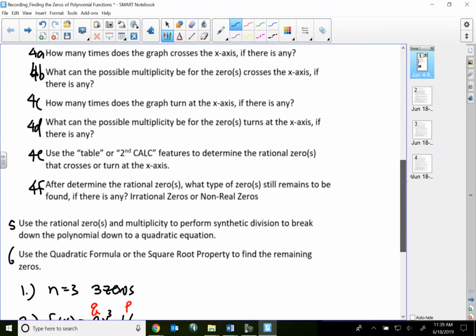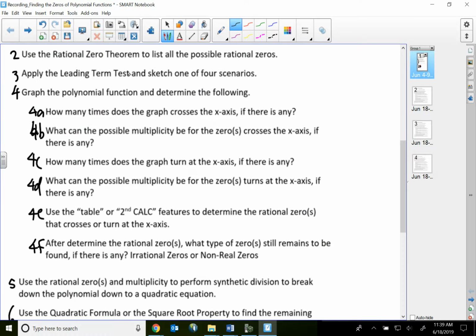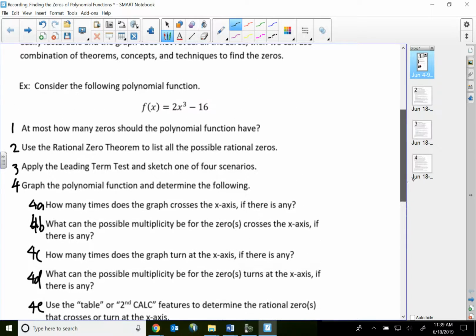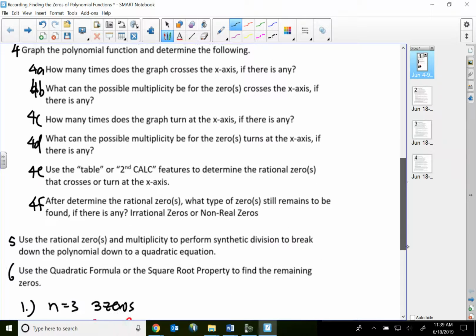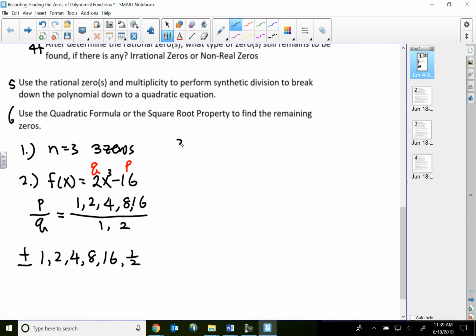All right. Number 3, apply the leading term test and sketch one of the 4 scenarios. So this is 2x to the third. Since my leading coefficient is positive and my degree n is 3, which is greater than 0, which one of the 4 scenarios we talked about on the leading term test should my graph look like?